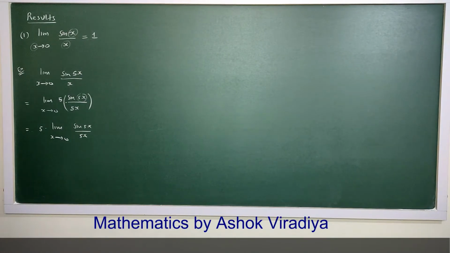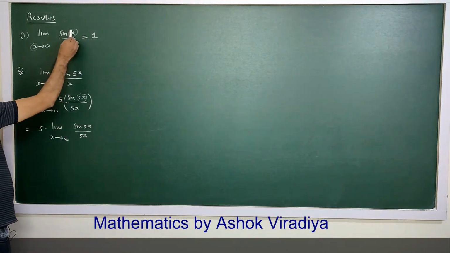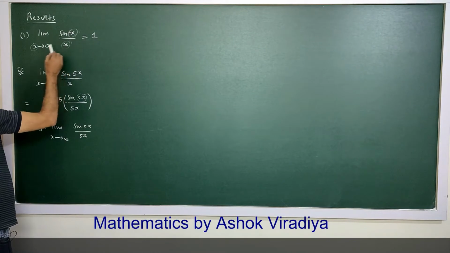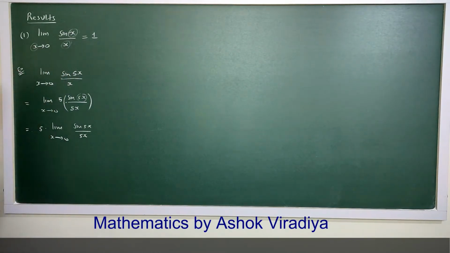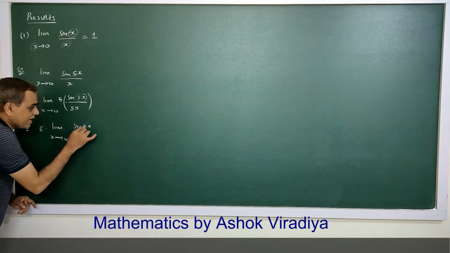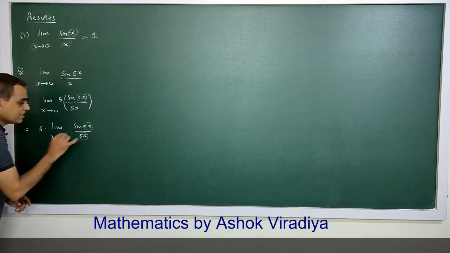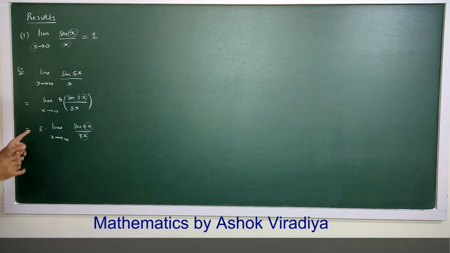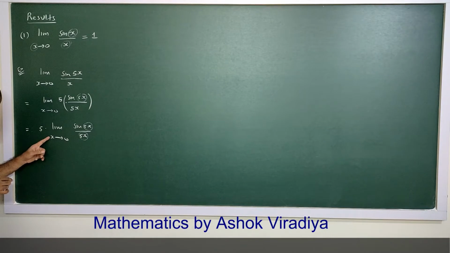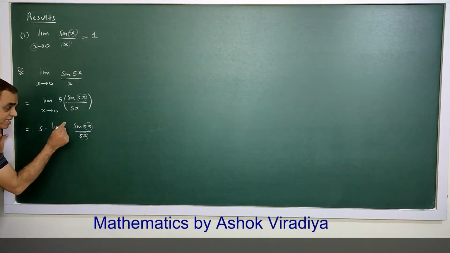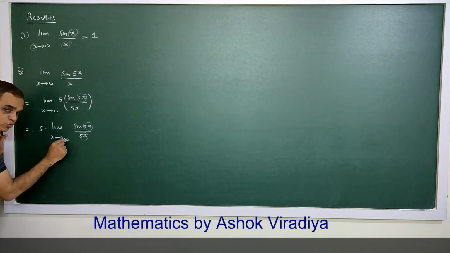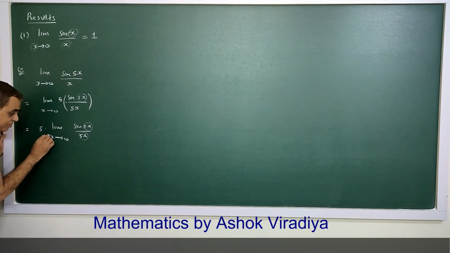Now whatever is here, the same number must be here. Here this is 5x, this is 5x. And we know that if x tends to 0, then 5x also tends to 0.